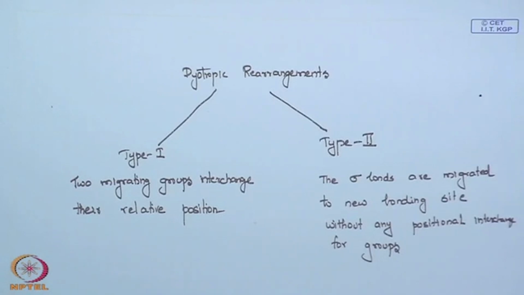So, what I defined for diatropic rearrangement is a concerted intramolecular migration of two sigma bonds simultaneously. Then that type of pericyclic reaction you call a diatropic rearrangement. It is classified into two types, type 1 and type 2.